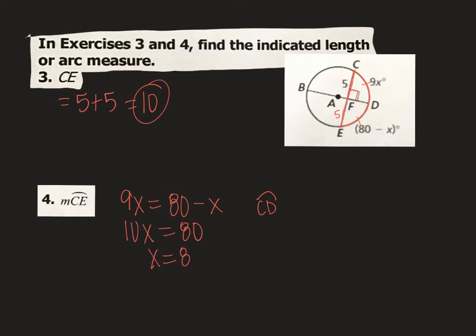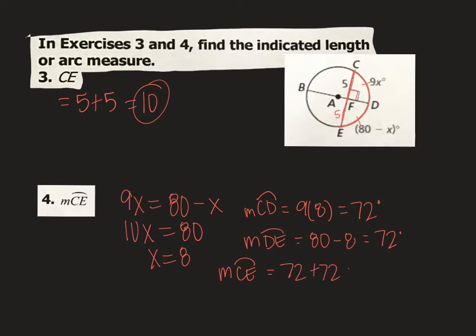So the measure of arc CD is going to be 9 times 8, which is 72 degrees. The measure of arc DE is going to be 80 minus 8, which is 72 degrees. And to get the measure of arc CE, we just have to add those two pieces together, which gives us a total of 144 degrees.